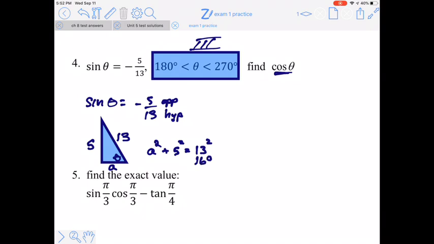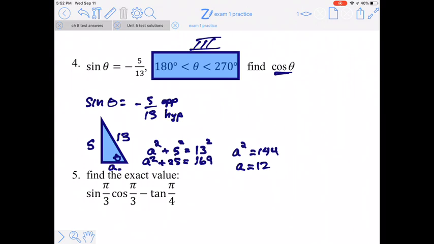So that's 169, and then 25. If you subtract 25 from that, you get 144. So A squared equals 144, so the adjacent length there equals 12. And we're going to make it negative once we do the ratio.